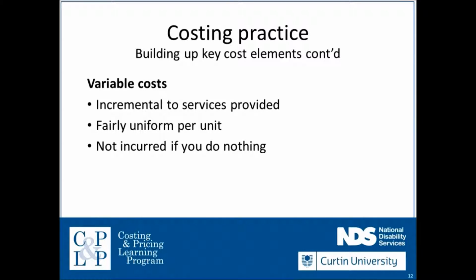So in other words, while we might consider that direct labour costs are also variable, so where we have carers going to provide services, by and large, if you have a full-time permanent carer on your books, then their costs are going to be incurred whether you undertake any services or not.